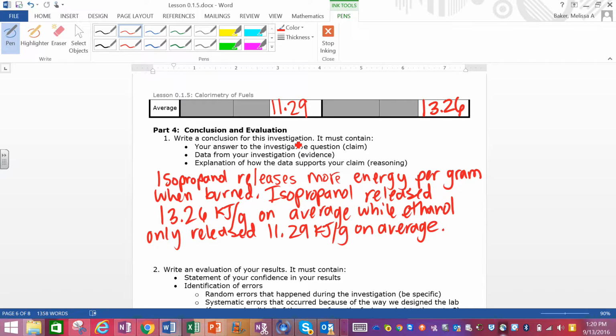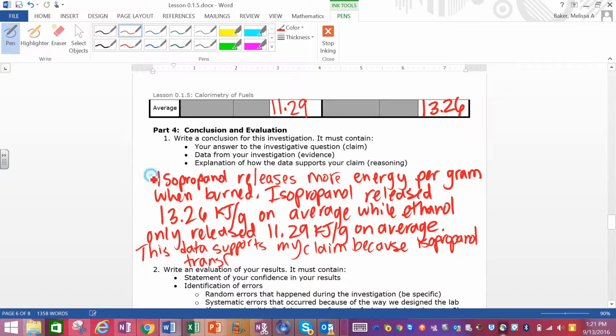So I'm going to say for this that this data supports my claim because isopropanol transferred more thermal energy to a can of water per gram burned than ethanol.